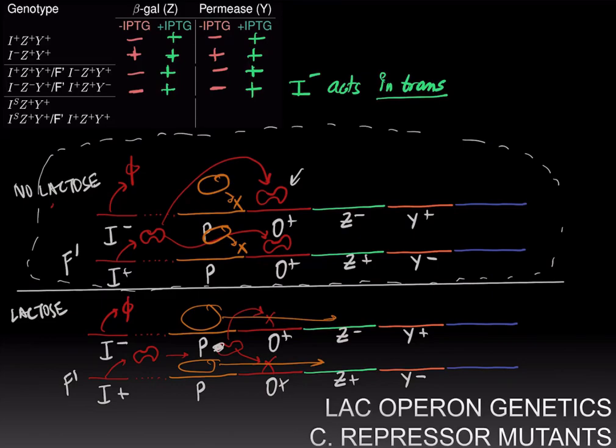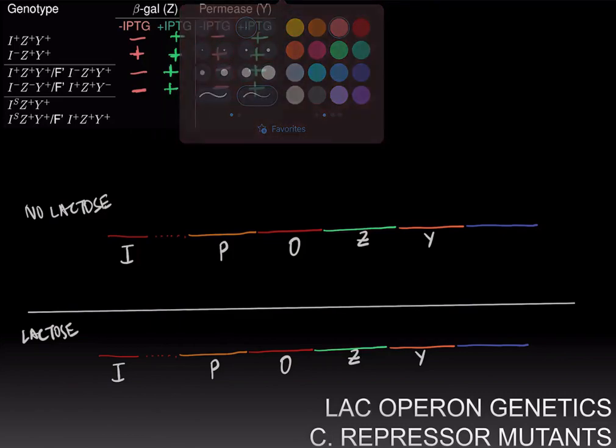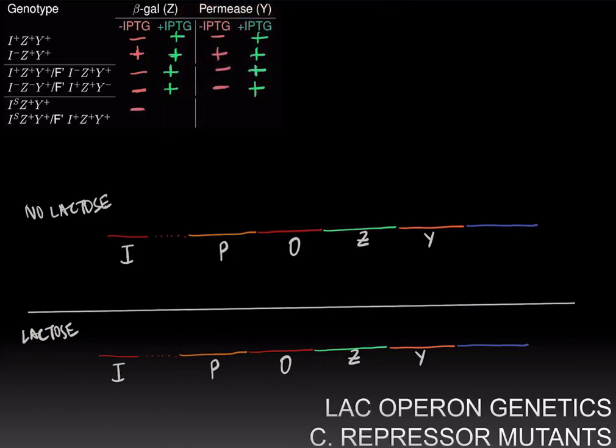A final mutant that Jacob and Monod looked at was IS. And when they looked at the phenotypes in IS, they found that not only were beta gal and permease not expressed in the absence of lactose, but they were also not expressed in the presence of lactose.